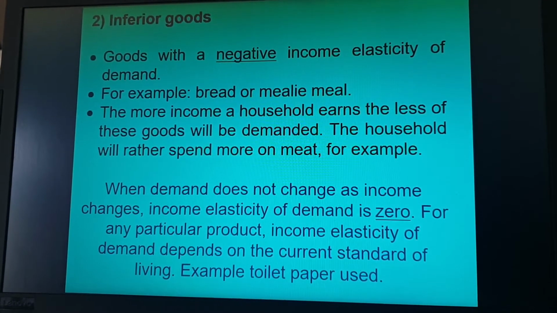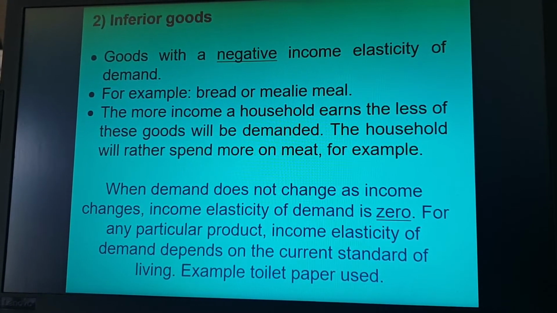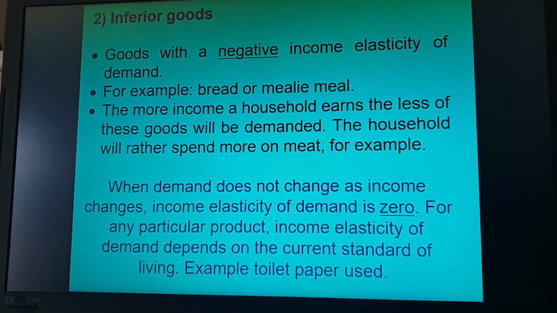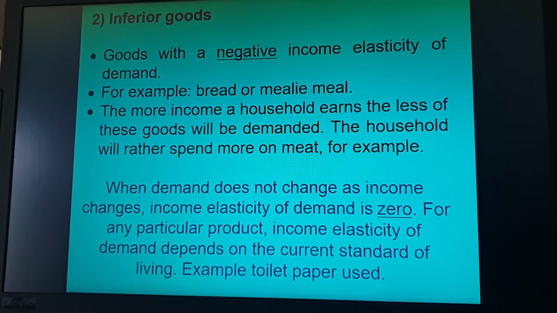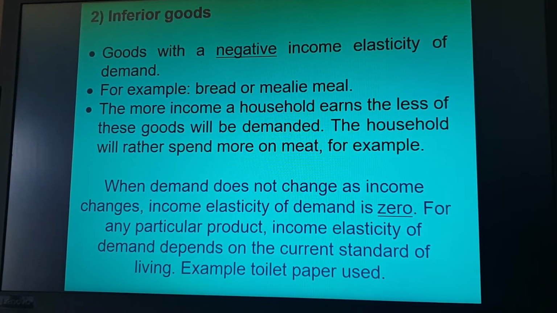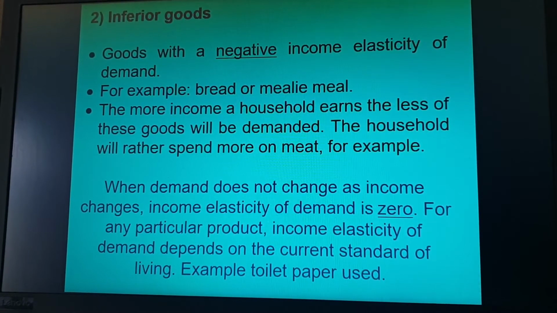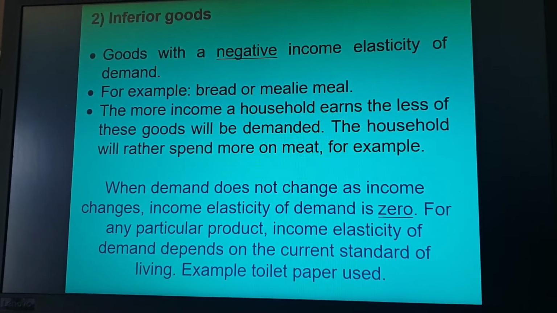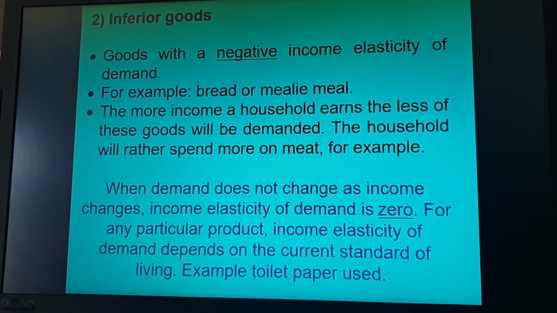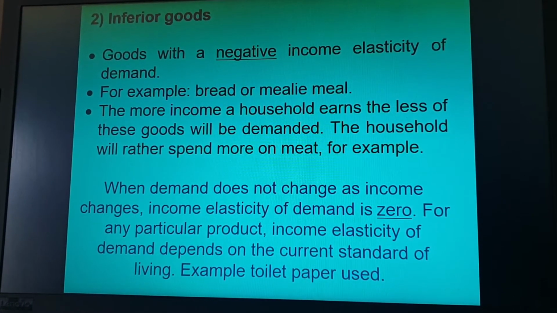So it didn't really have an effect on whether they have more income to buy it or not. It was because of this pandemic, and some people were actually panicking they're going to run out of toilet paper. So that didn't have anything to do with income.